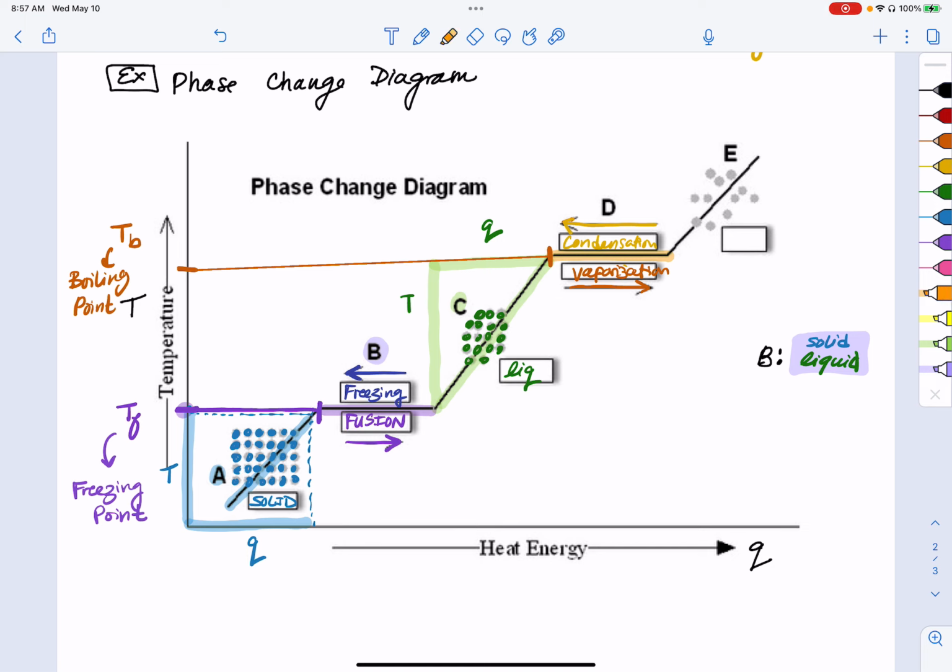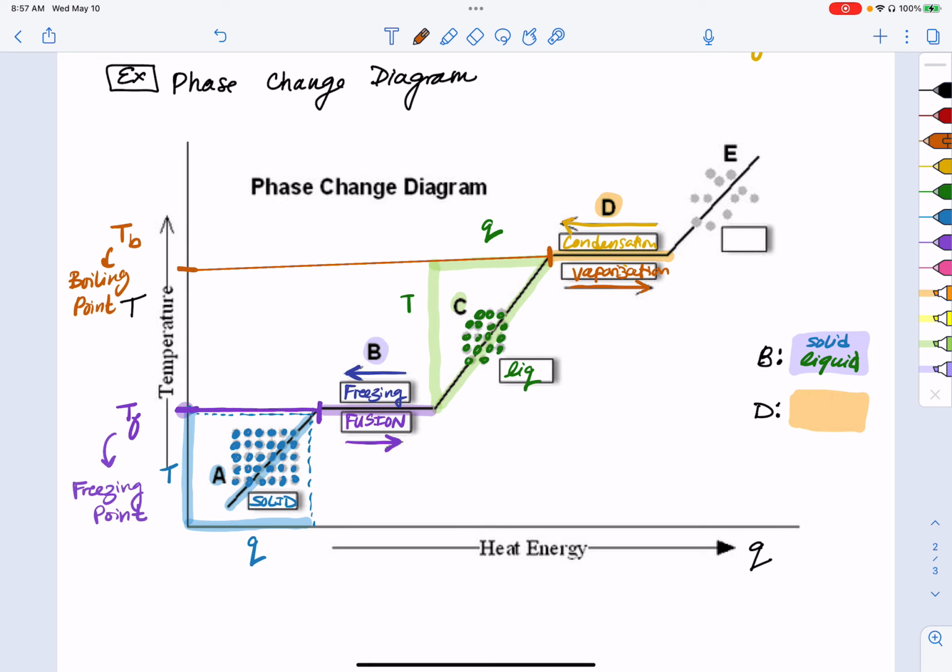All right. So that means that in region D, we are at our boiling point, and we see both vapor and liquid.